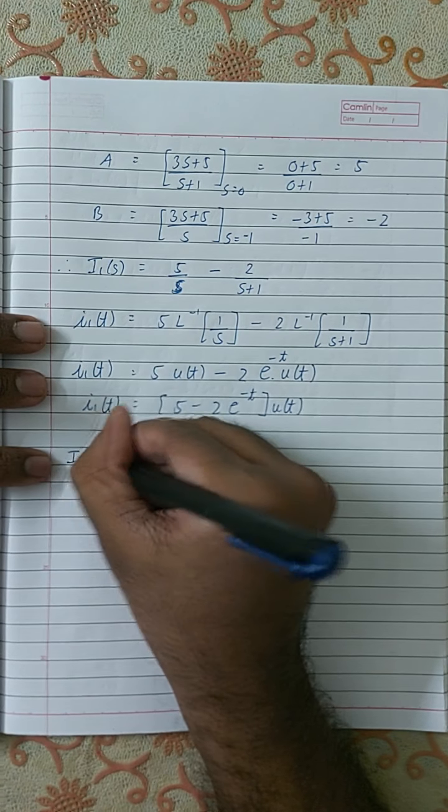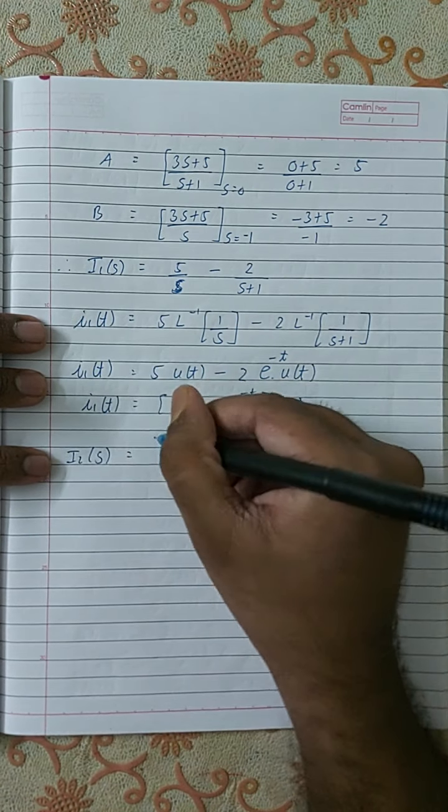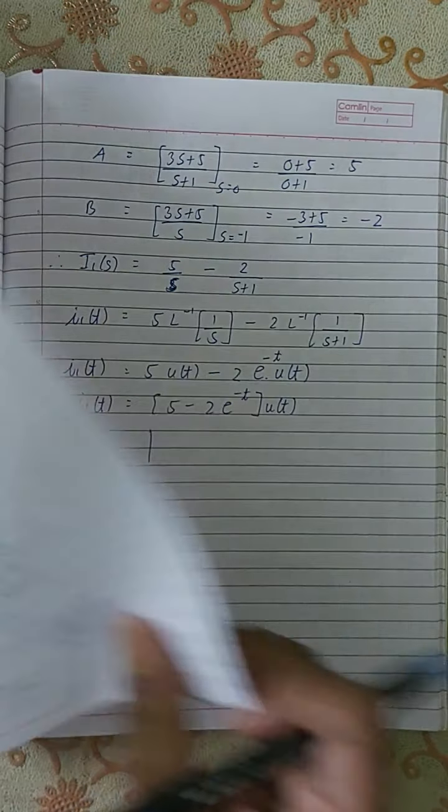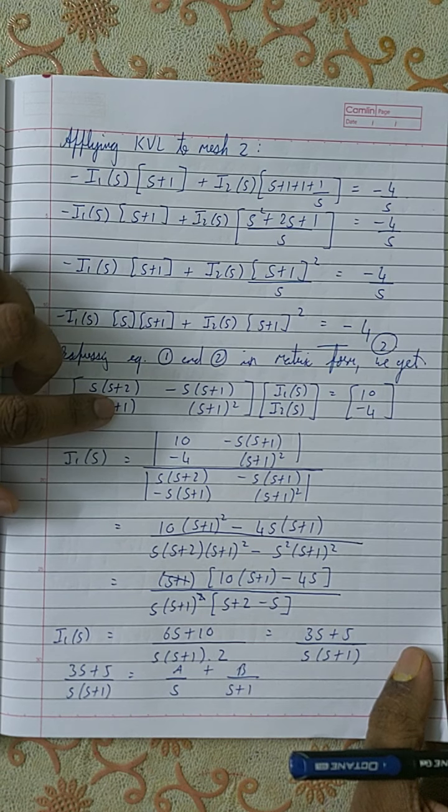So to find the value of I2 of t, I first find the value of I2 of s. I2 of s is found by replacing the second column by 10 and minus 4.